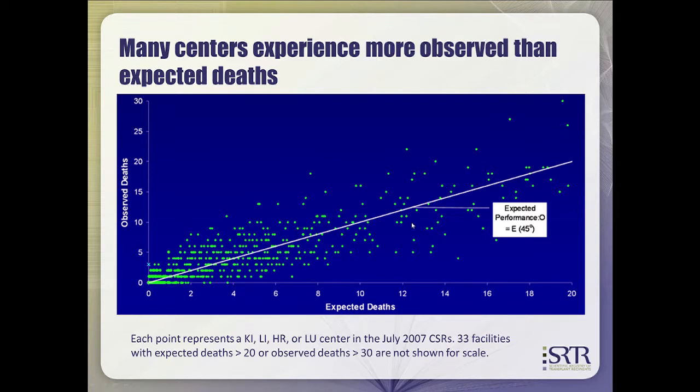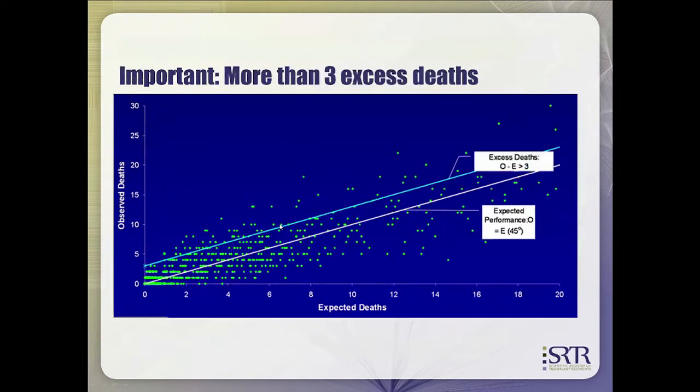So you see there are a bunch of centers that have fewer deaths than expected and a bunch of centers that have more deaths than expected. But if you draw the line here, it has to be more than 3 excess deaths. So there's that one criterion where the O minus E has to be greater than 3. Now this is the new line here.